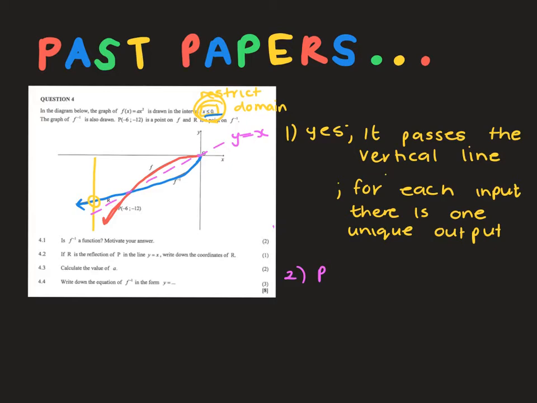So if P on the original parabola was (-6; -12), then R will be, you literally just switch the coordinates around, so the coordinate of R will be (-12; -6). It's really so simple. Just swap x and y around.